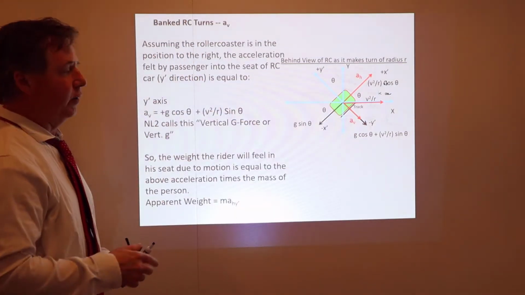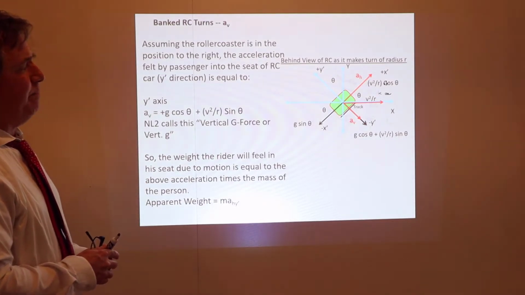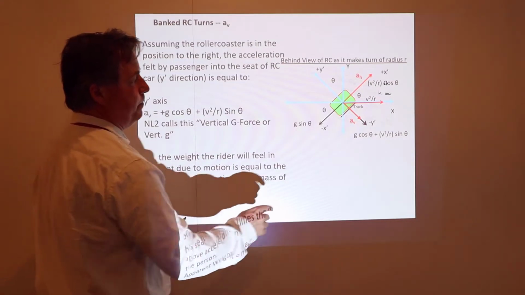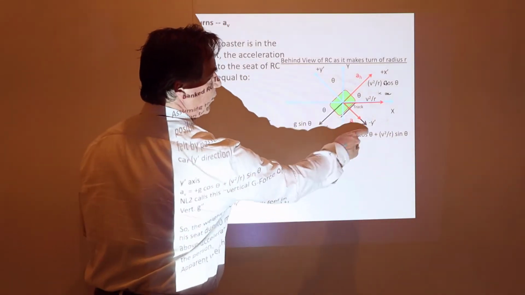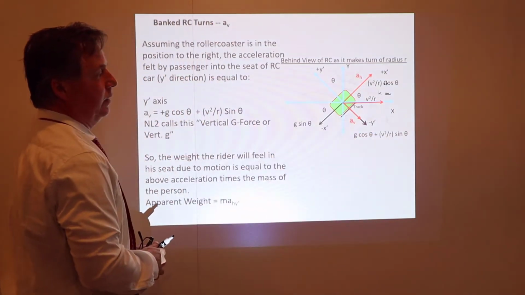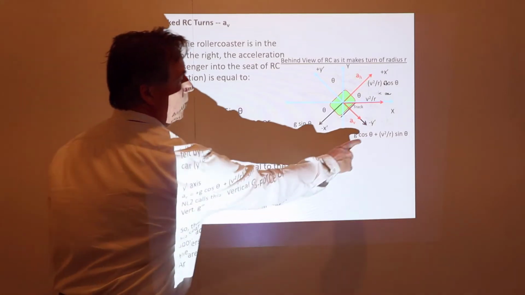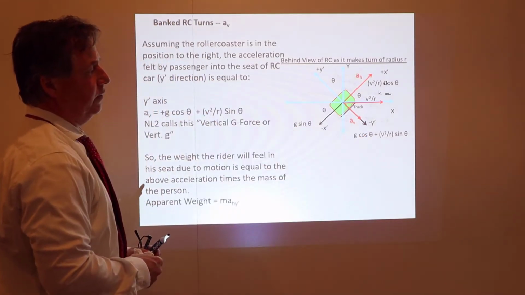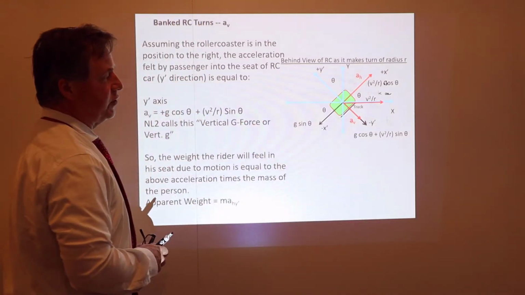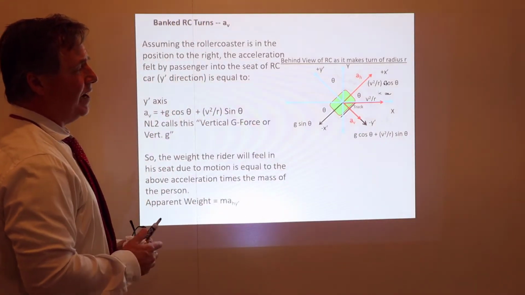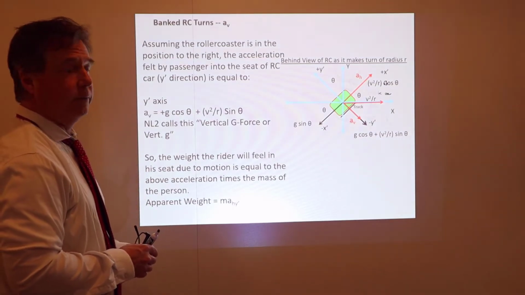Normally on an unbanked turn, the rider will only weigh 1g. But as a result of banking, there is also acceleration in this direction due to centrifugal. So depending on the banking angle theta, the velocity of the roller coaster car v, and the radius of curvature of the turn, the rider may weigh more or less than his normal weight as a result of a banked turn.